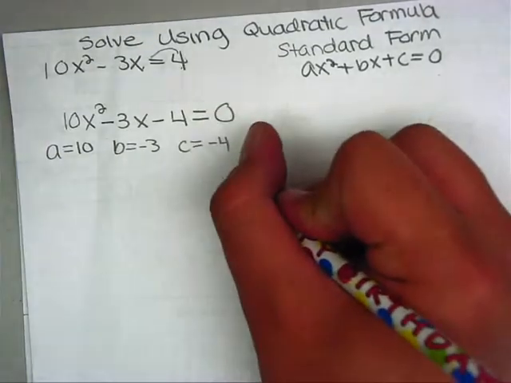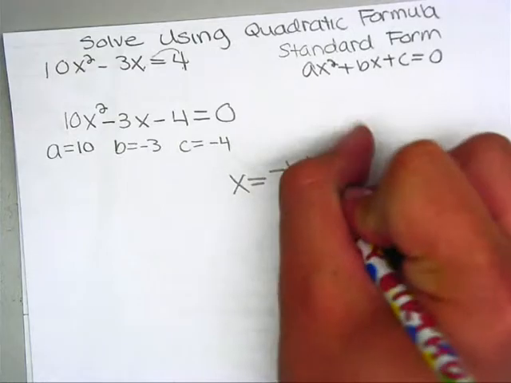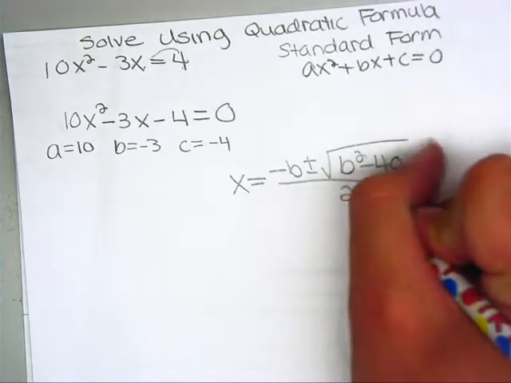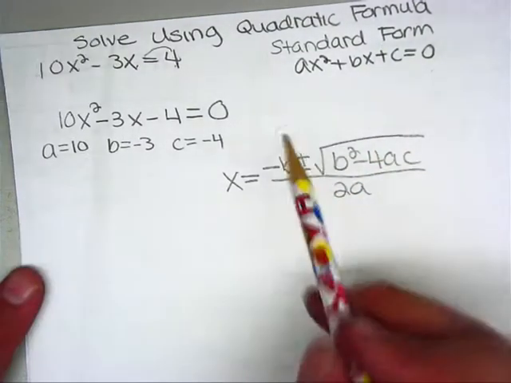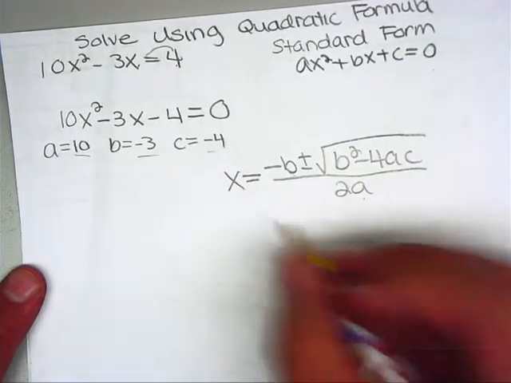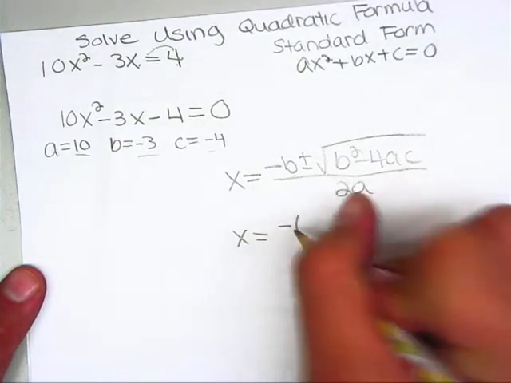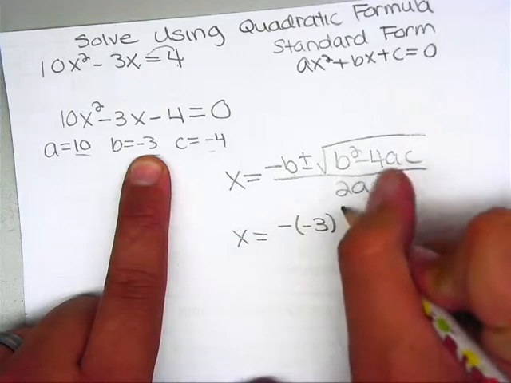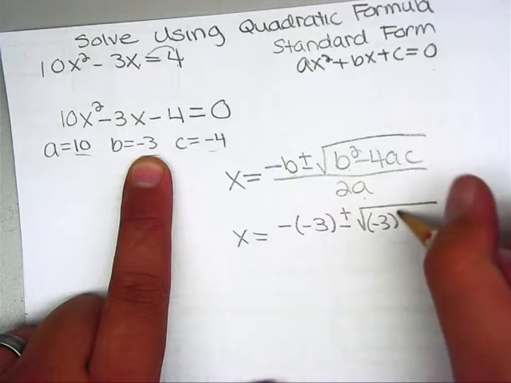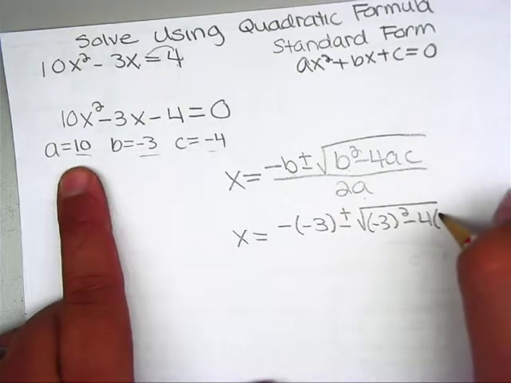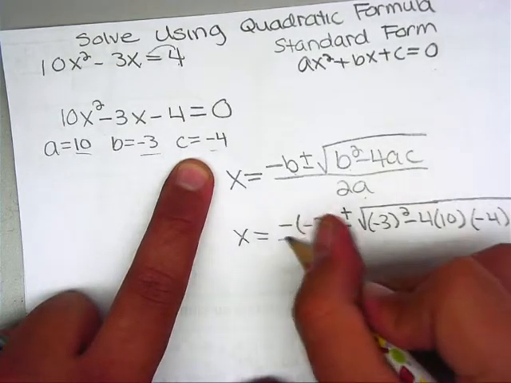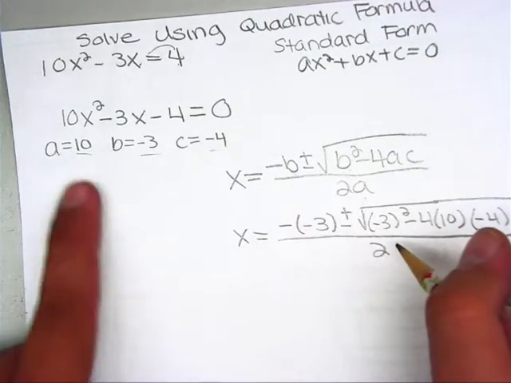Using the quadratic formula, which is x equals negative b plus or minus square root b squared minus 4ac all over 2a, for each b, a, and c, I'm going to plug in these values. x equals the opposite of b, which is negative 3, plus or minus the square root of b squared, which is negative 3 squared, minus 4 times 10 times c, which is negative 4, all over 2a, which is 10.